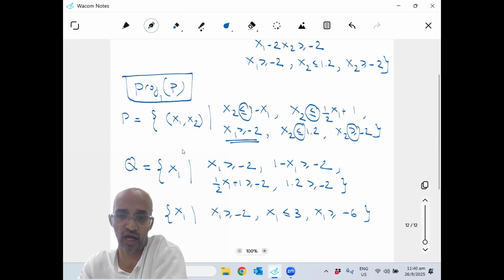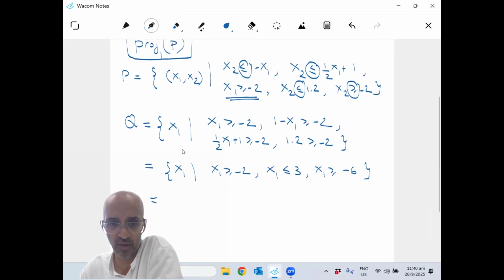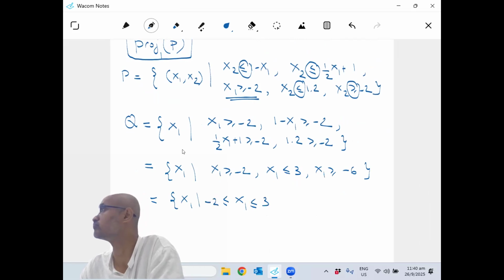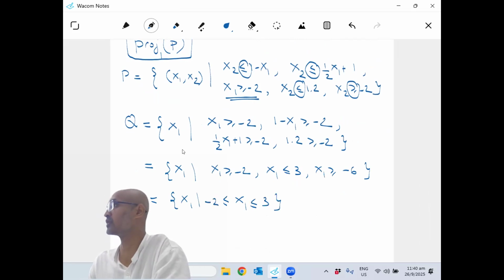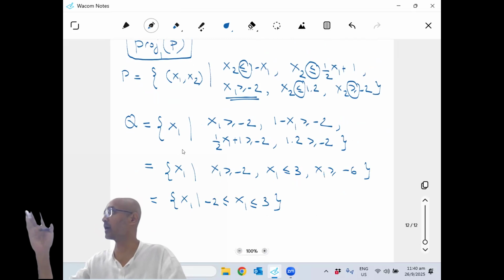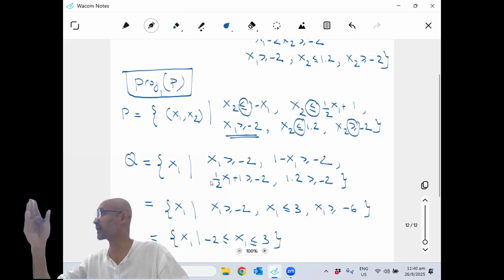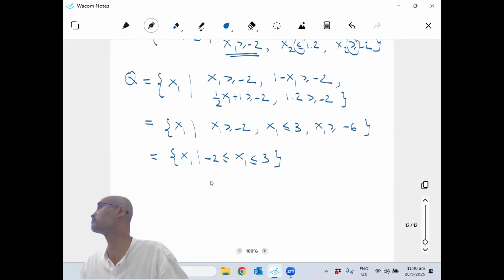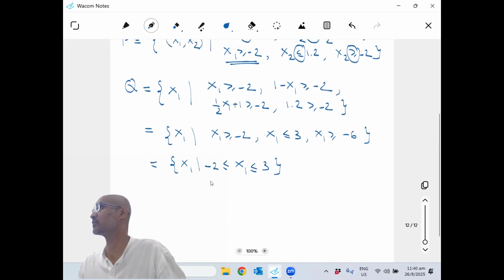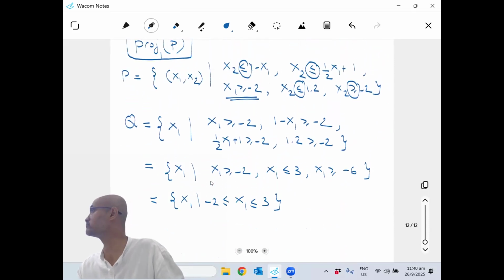So, you can check this on your own, but this should give me x1 between 3 and -2. Check this on your own if this is right. I could have made some small mistake in my calculations, but that's a projection. But hopefully the idea is clear.